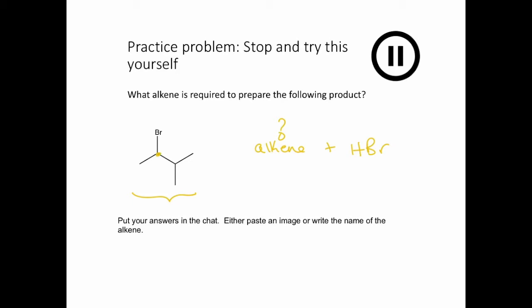So you know that that carbon was double bonded in the starting material. The question really then is just, was it double bonded over here or over here? So you could draw out both of those alkene options and then do the reaction, have it add to HBr, remembering that the H goes on the carbon with more H's and the Br goes on the carbon with less H's.